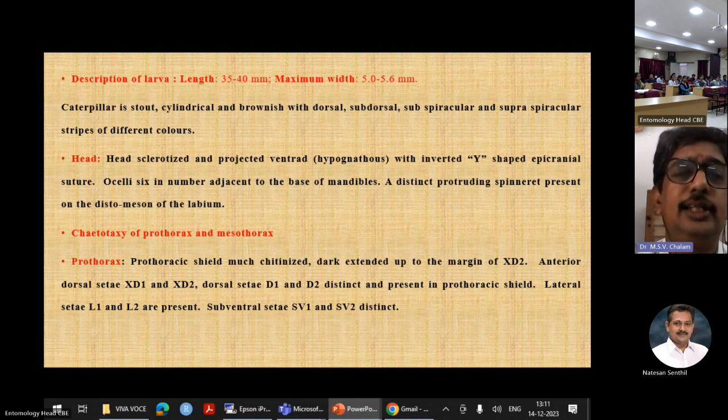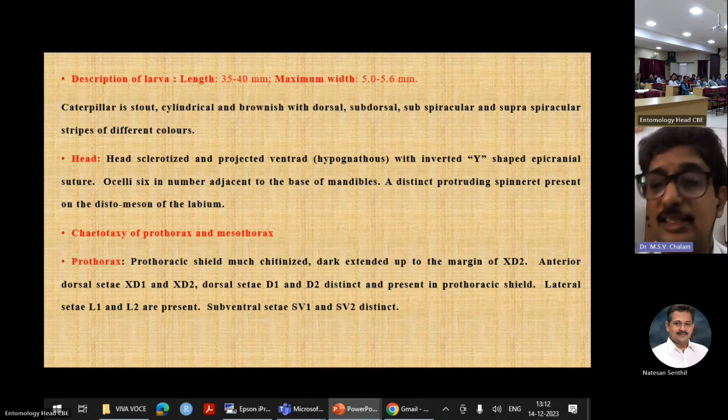Here you see the description of the caterpillars. It has dorsal, subdorsal, supraspiracular, subspiracular stripes, the head projected ventrally with an inverted Y-shaped suture, and the most important one is chaetotaxy. You see the spines. The prothoracic shield is chitinized, extending up to the margin of XD2.